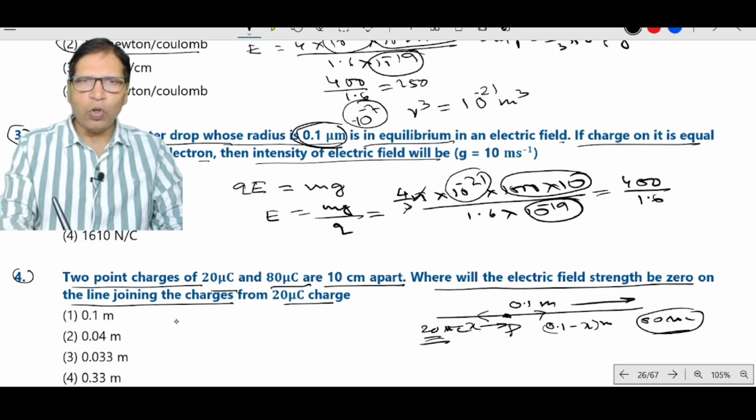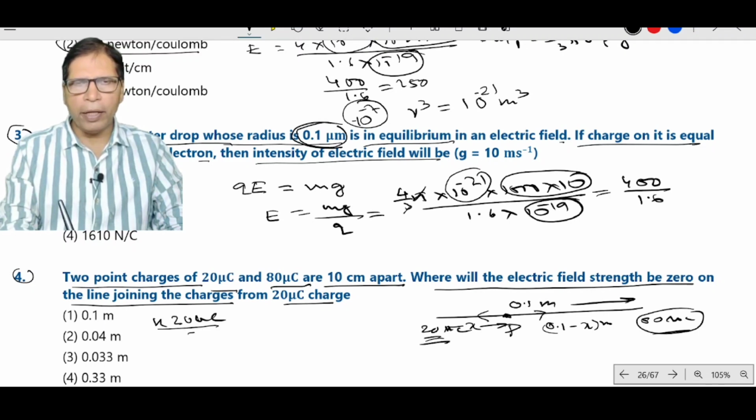Okay. So look at this here, K into 20 microcoulomb divided by x squared equals K into 80 microcoulomb divided by (0.1 minus x) whole squared. No problem.